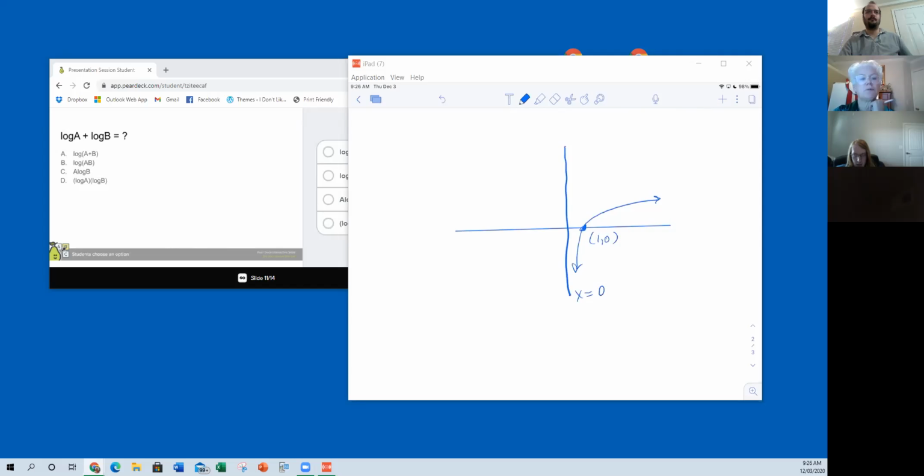Okay, here we are. This is what we covered yesterday. These are the laws of logs. Super important that you know these.